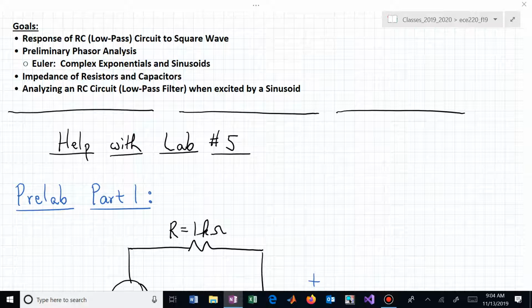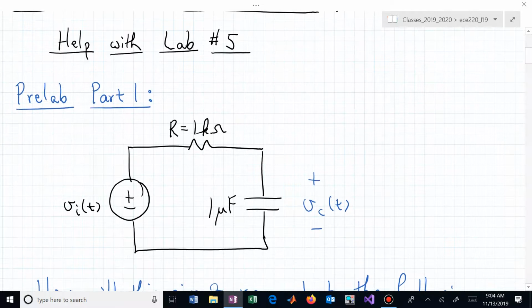In fact, this particular circuit is a low-pass filter, and that just means that it passes low frequencies and it reduces the amplitude, or tries to attenuate, higher frequencies. What constitutes low frequencies obviously depends on the circuit, the specific values of R and C.